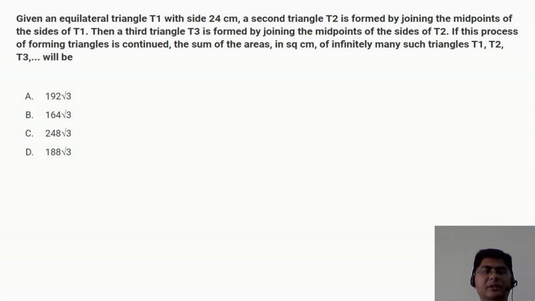If this process of forming triangles is continued, the sum of the areas in square centimeter of infinitely many such triangles T1, T2, T3 and so on will be: the first option 192 root 3, 164 root 3, 248 root 3, 188 root 3.